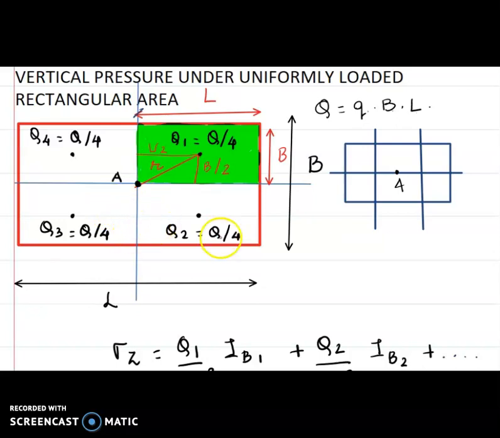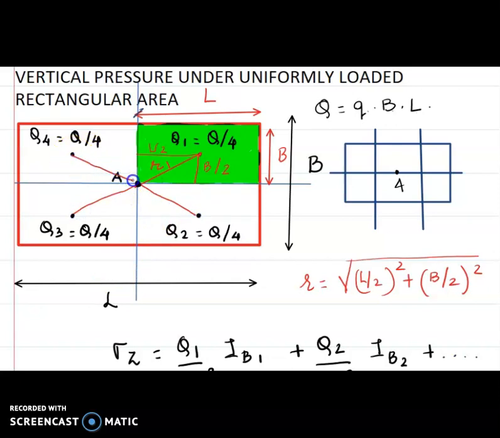Can I write R is equal to under root of (L by 2) squared plus (B by 2) squared? Yes, Pythagoras equation. So I get the value of R. Now in this diagram, R1, R2, R3, all these R values are same because the area dimensions are same. However, if the area dimension changes, then R value changes, Q value also will change. Okay, and as we solve the problems, all these issues will be a bit more clear.